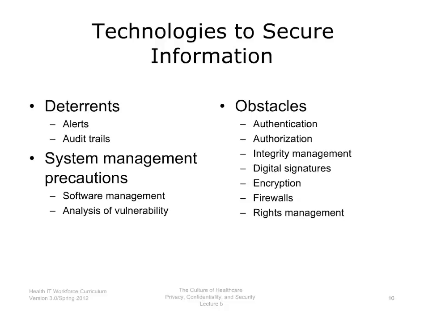Digital signatures, requiring a password or other type of digital process to ensure that an individual who is entering data is truly that individual. Encryption, which will be covered in the next two slides. Firewalls, that keep systems inaccessible from, say, the Internet. Rights management, such as restricting who can look at what aspects of different records.